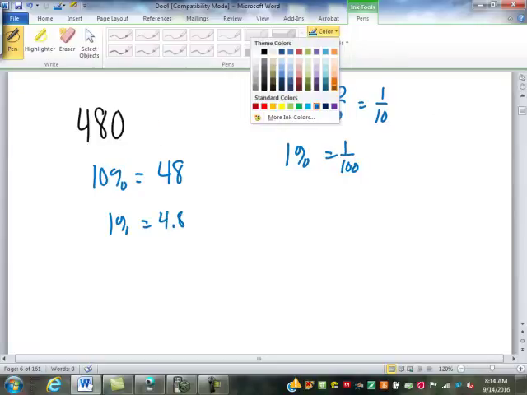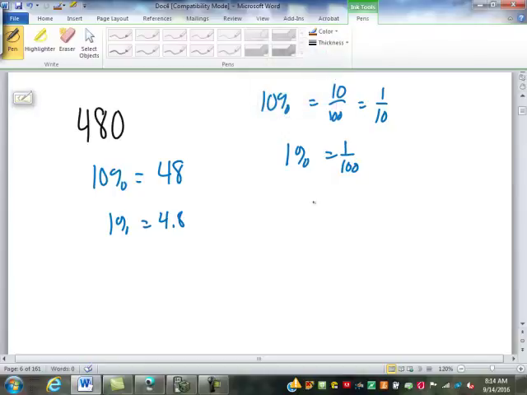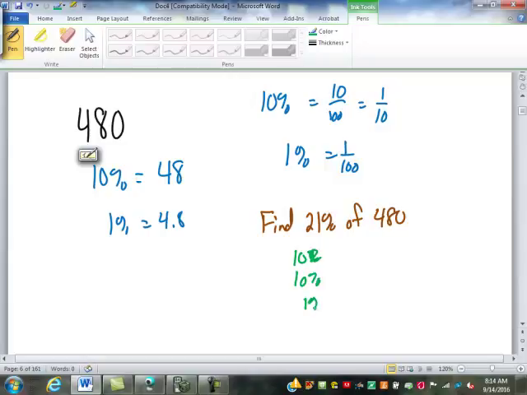With those fairly simple benchmarks, let's say I want to find 21% of 480. Well, 21% can be thought of as 10% plus 10% plus 1%, right? 10% was 48, 10% is another 48, 1% is 4.8.